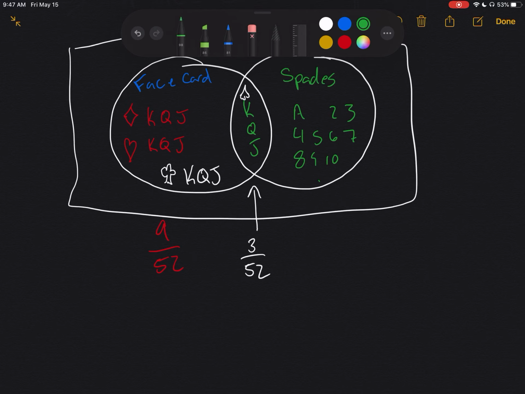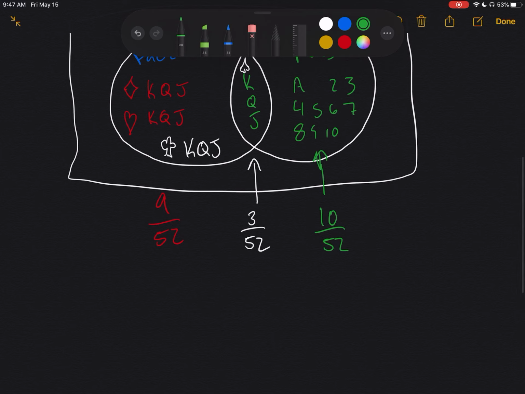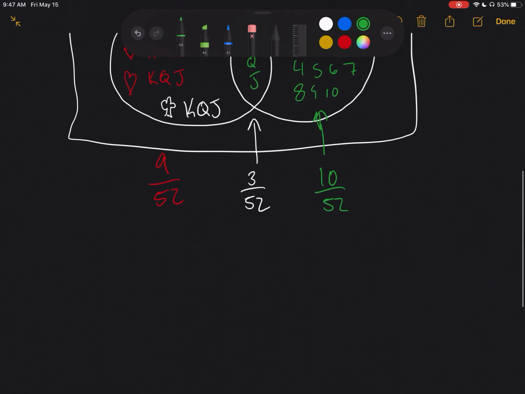And the chances that it's just a spade are 10 out of 52, right? Because they all have the same denominator, I can add them all together. 9 plus 3 is 12, plus 10 is 22 out of 52, or 11/26.